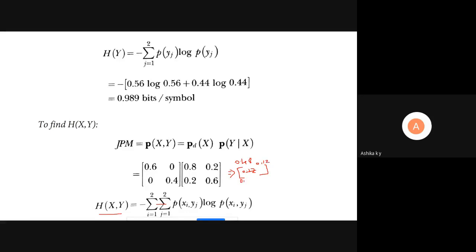Okay, so maybe this is right. So these are the values. Maybe you can just verify those values.